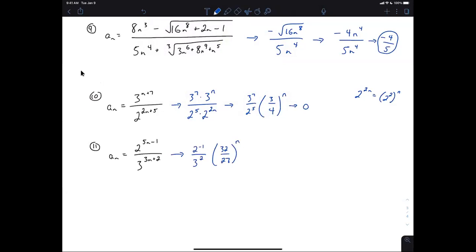So take a minute and see if you can figure out how I got to that step. And then if you have a question, let me know.